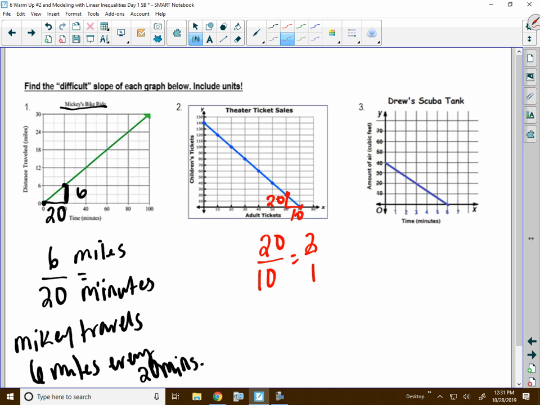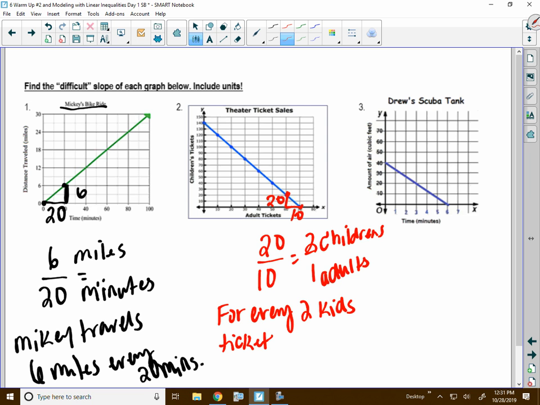Children's tickets and adults. So for every 2 children's tickets that are purchased, 1 adult ticket is purchased. You can say it just like that. You're done. Go ahead and try number 3 on your own.